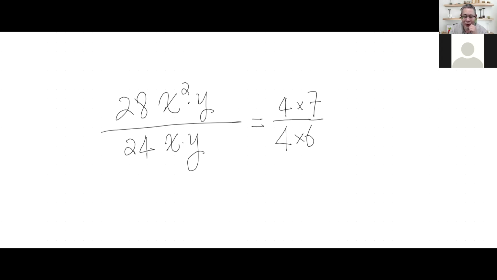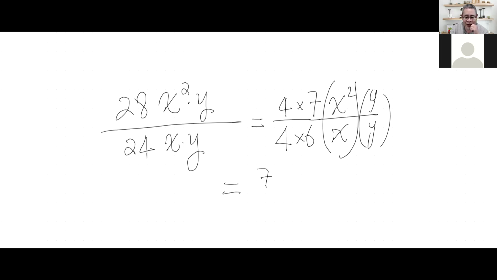Now we got x squared and x, so we can separate them out, and y over y. So we got 7x, because x squared divided by x is x, and over 6. Good? Good. You can see that we just divide number by number, symbol by symbol.